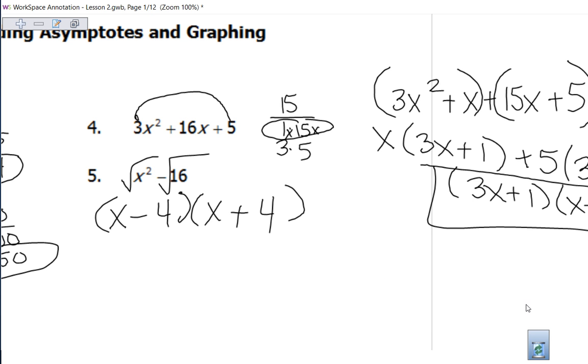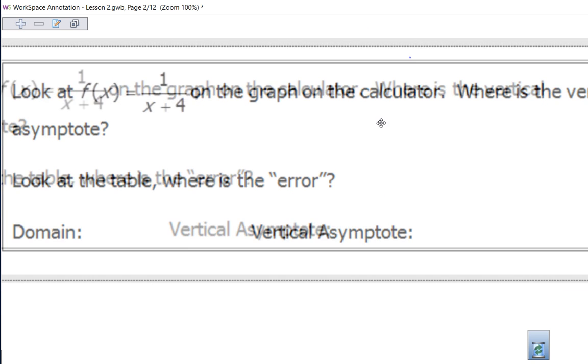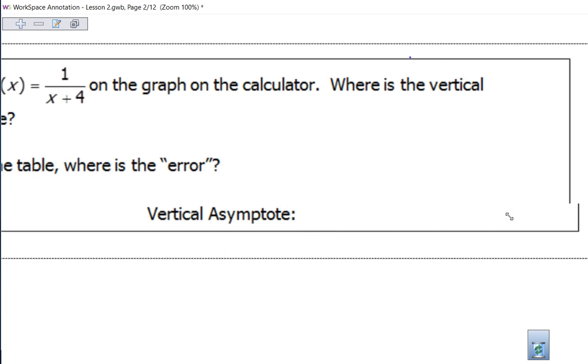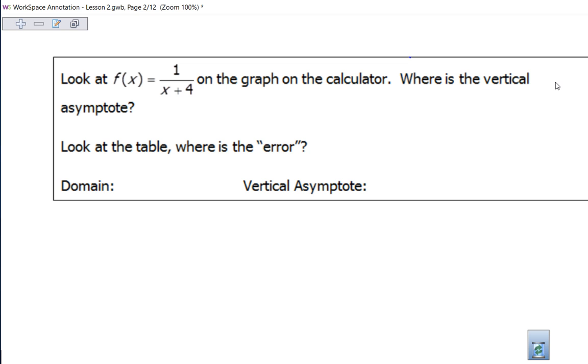Now, getting into some asymptotes. Now, inside this table, let me see if I can shrink this because it's kind of on the screen. There we go. Okay, so it tells us to look at f of x equals 1 over x minus 4 on the graph on the calculator. So that's the first thing we need to do here, is we need to go ahead and put this in the calculator.